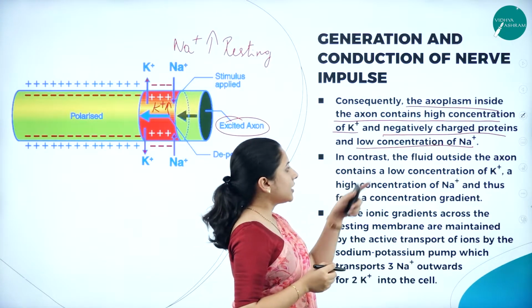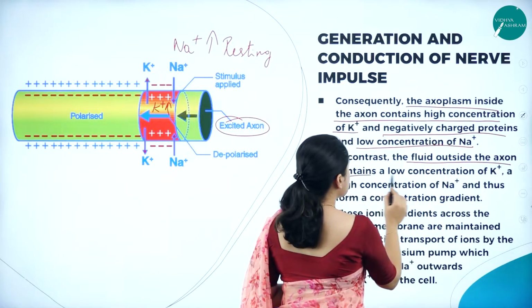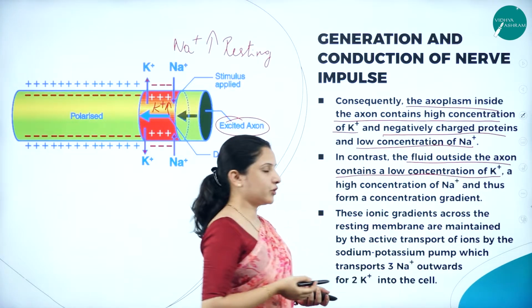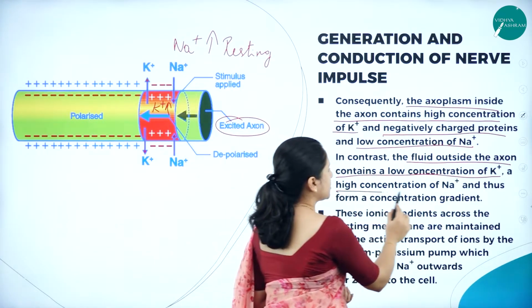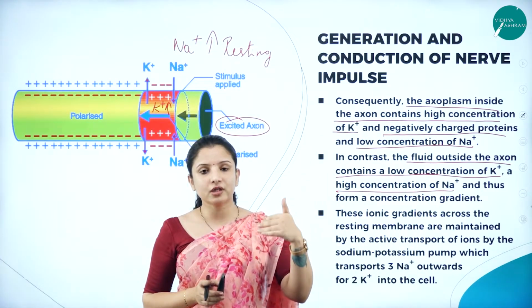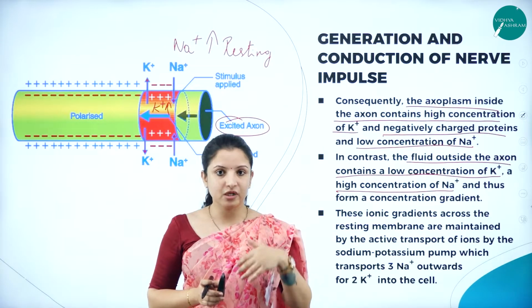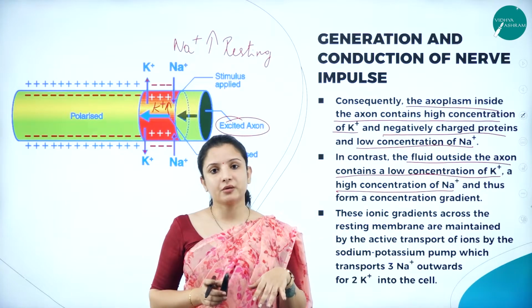So, in contrast, as I told you, the fluid outside the axon contains a low concentration of potassium and a high concentration of sodium. Why a high concentration of sodium? Because the axon is in a resting state, the channels are not permeable to sodium, or very less permeable to sodium.